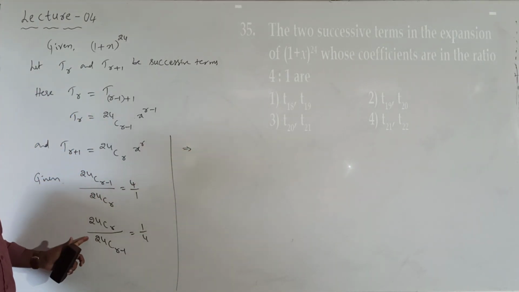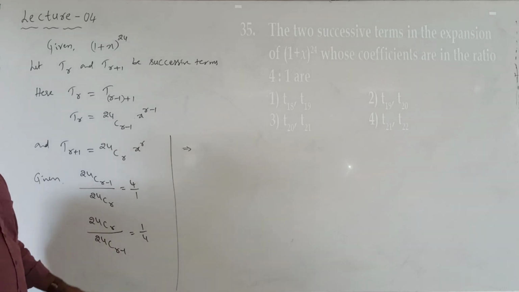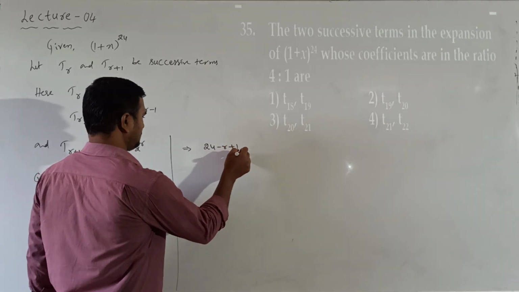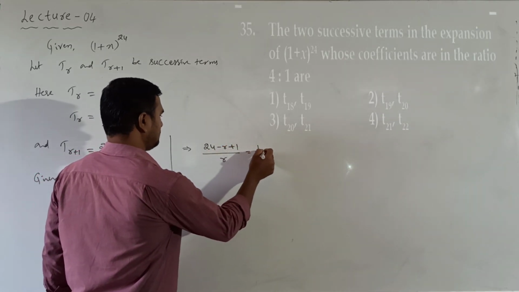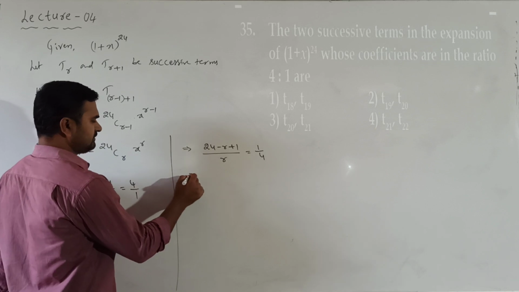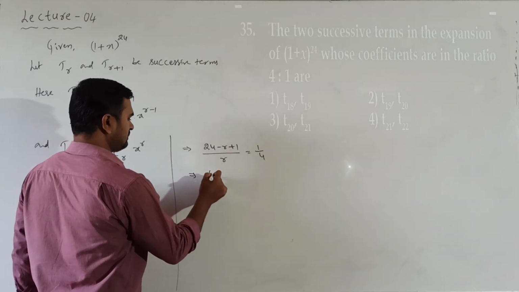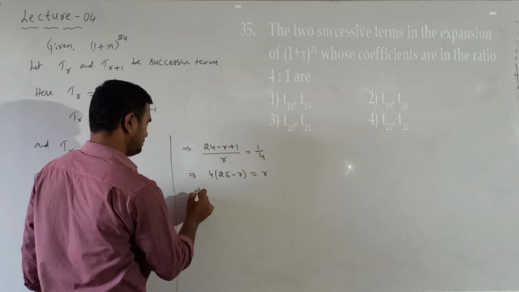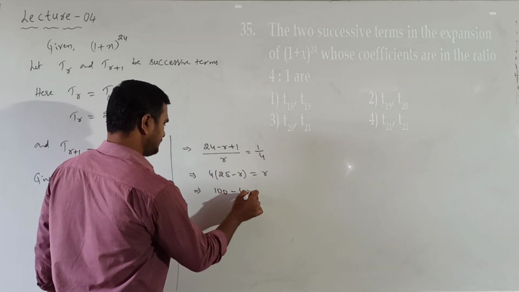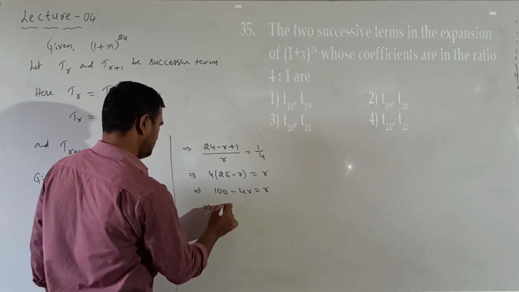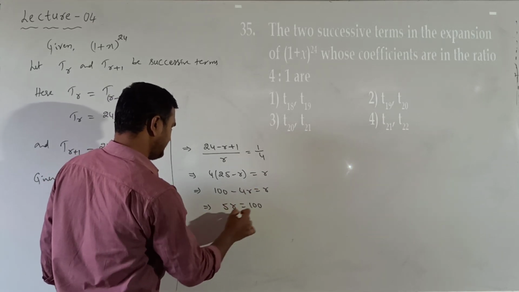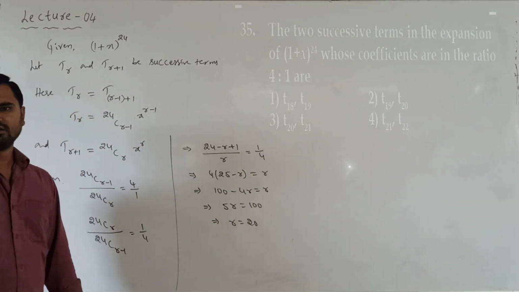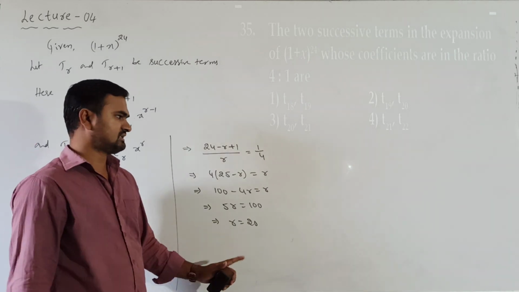So applying formula NCR divided by NCR minus 1, it is N minus R plus 1 divided by R is equal to 1 by 4. So multiplying 4 into 25 minus R is equal to R. 100 minus 4R is R. 5R is 100. R is 20. Okay. So solving this, we are getting R value as 20.